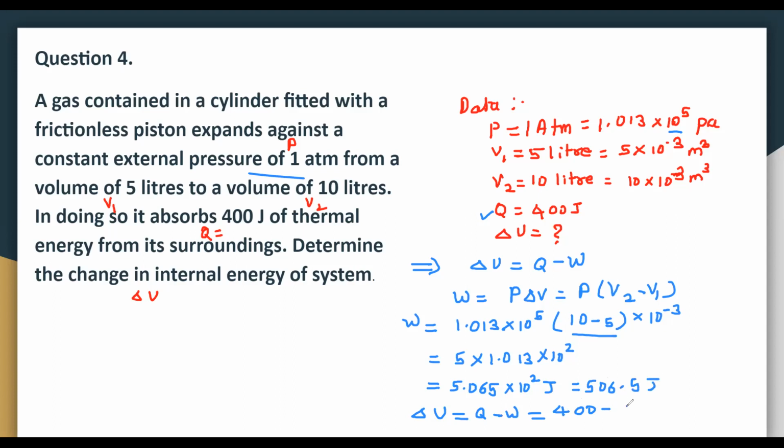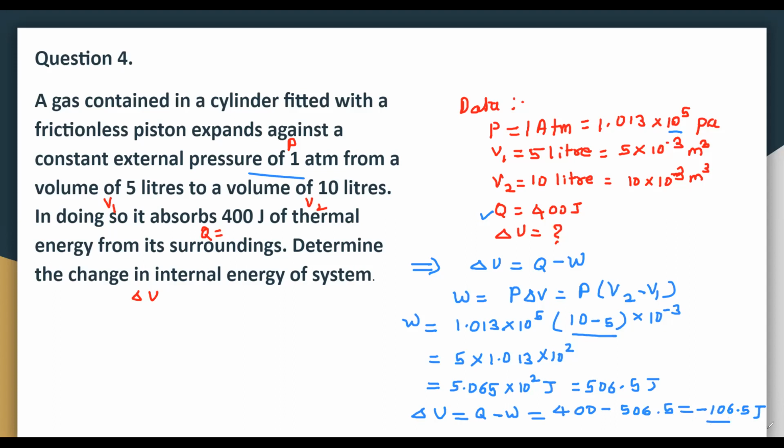So we subtract 506.5. Again, this is simple subtraction which will give us minus 106.5 joule. Now the answer which you are getting is in negative. So this negative sign is indicating there is a decrease in internal energy. Okay, so this is our final answer and negative sign is decrease in internal energy.